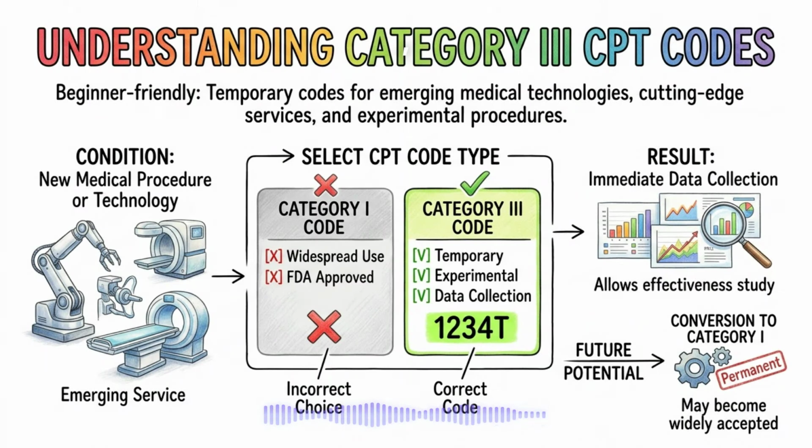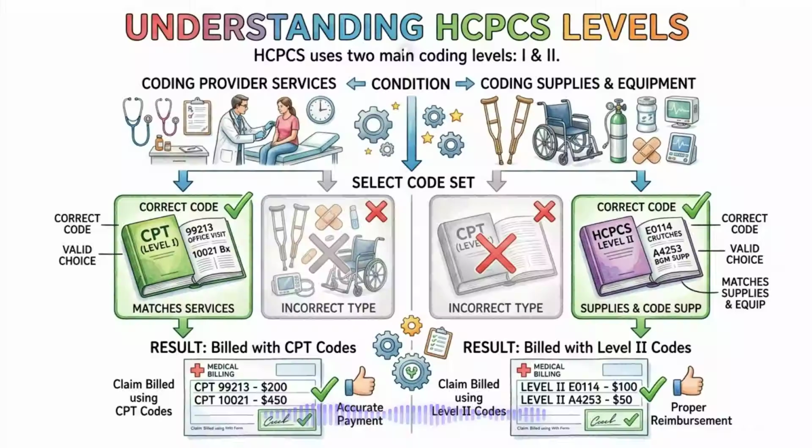Category III codes allow data to be collected on new procedures right away to see if they are effective. If a Category III code becomes widely accepted over time, it may eventually be converted into a permanent Category I code. While CPT covers the services a provider performs, we need a different system to code for the supplies and equipment used, which introduces the Healthcare Common Procedure Coding System, or HCPCS.